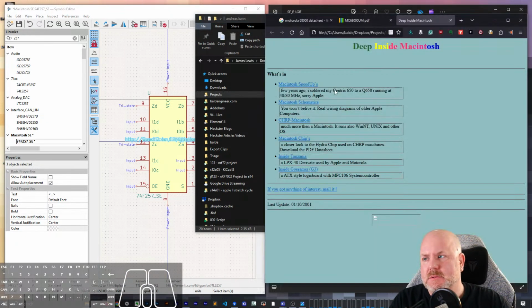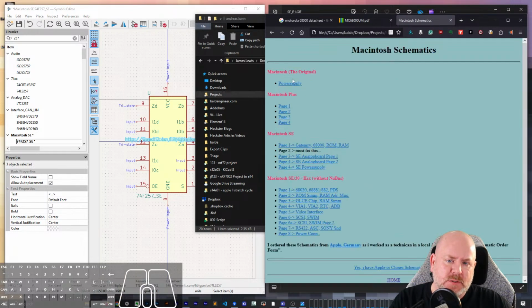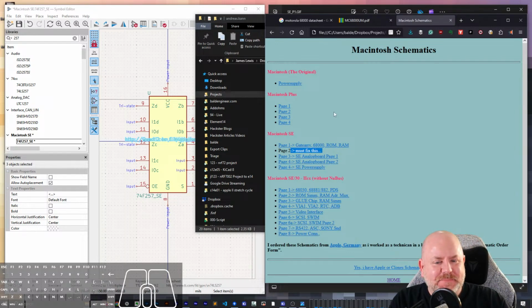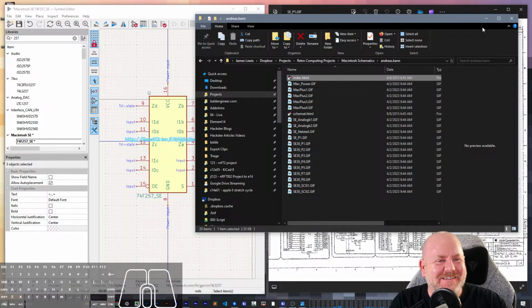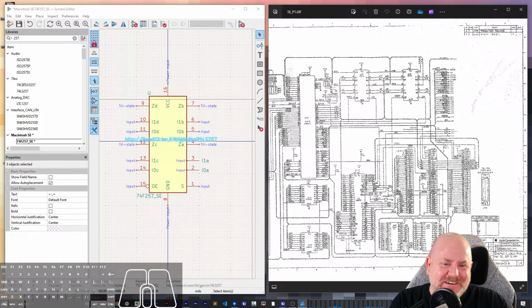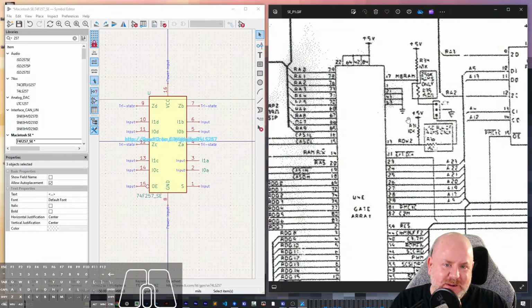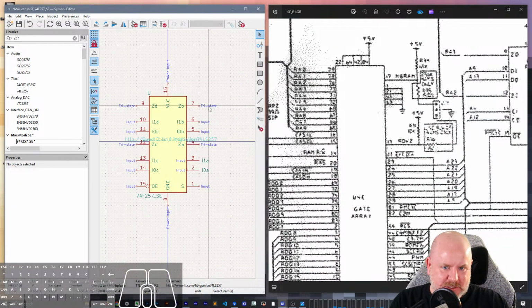So let's see what this looks like. Macintosh schematics, SE, gate array, RAM ROM, page 2. Must fix this. Oh, very well. Okay. That's fine. We need the parts anyway.